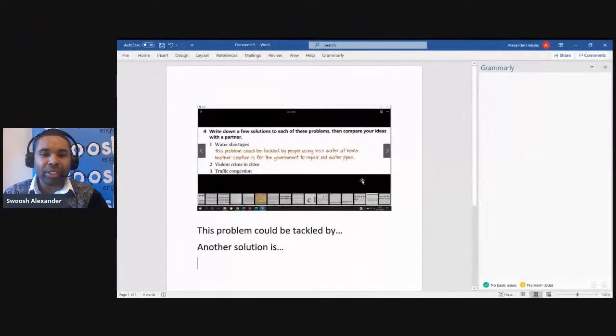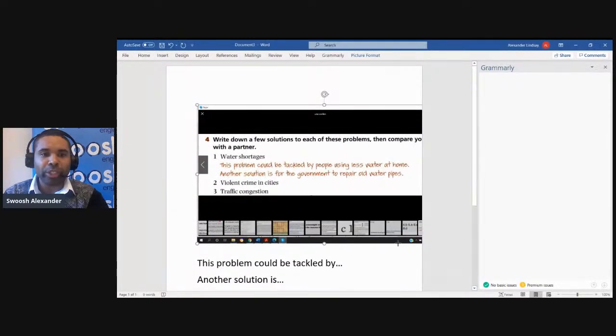Let us begin then by having a look at the task. So here is the task.